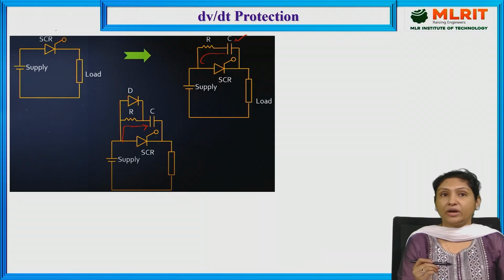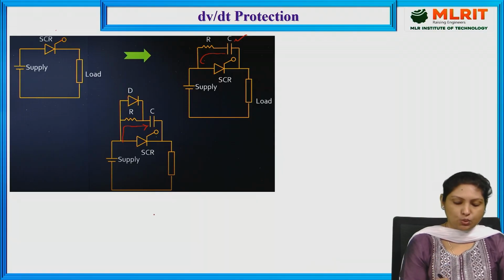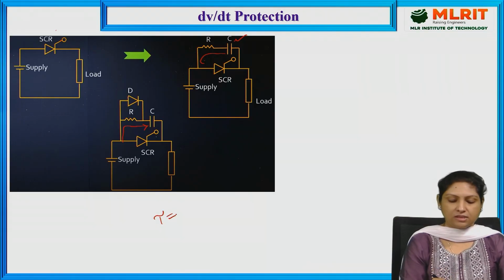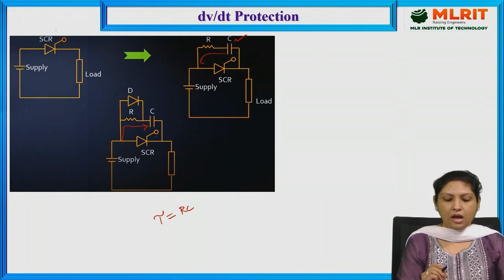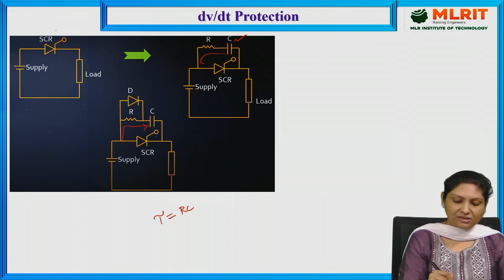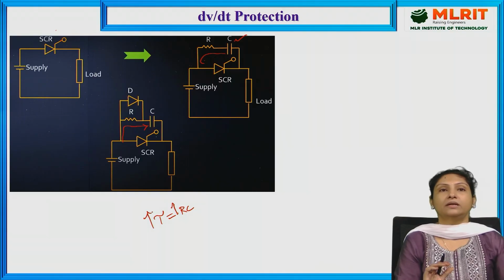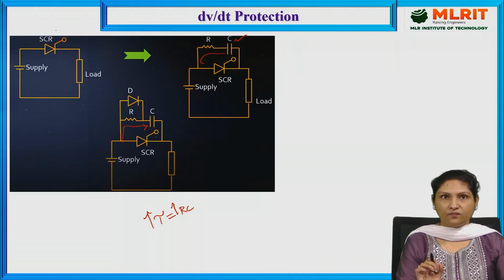In order to reduce the charging time of the capacitor, you all know very well, tau is equal to RC. There is a time constant, and whenever resistance is added, in turn it increases the recharge time of the capacitor.